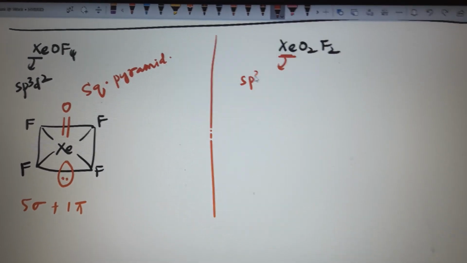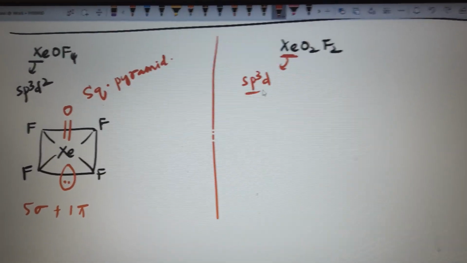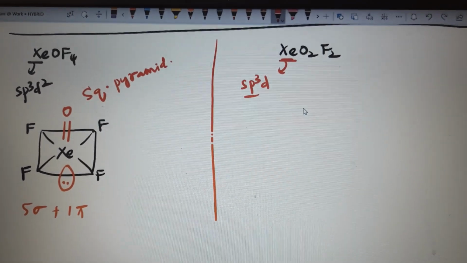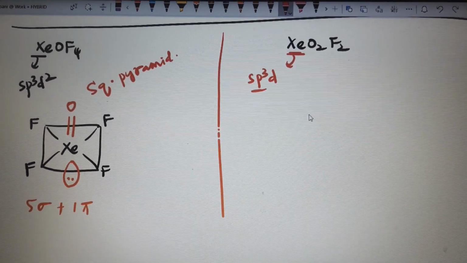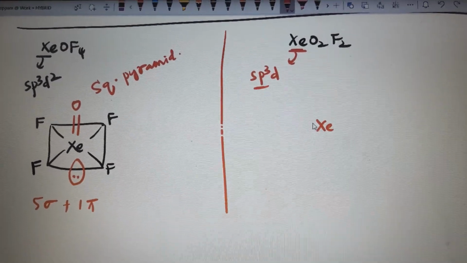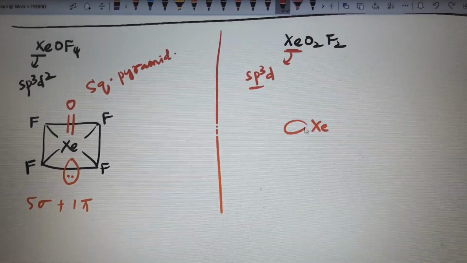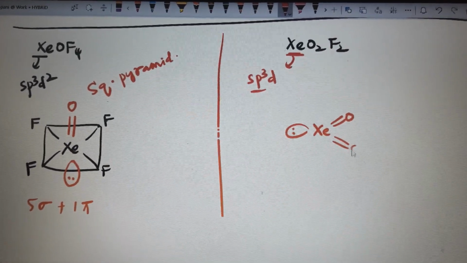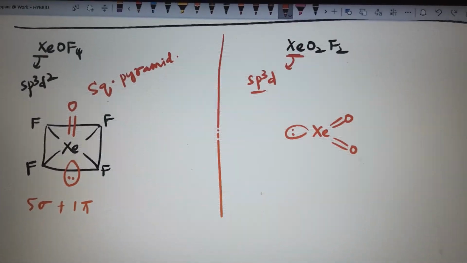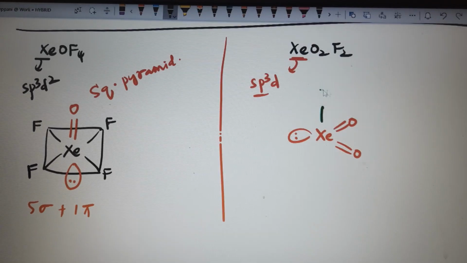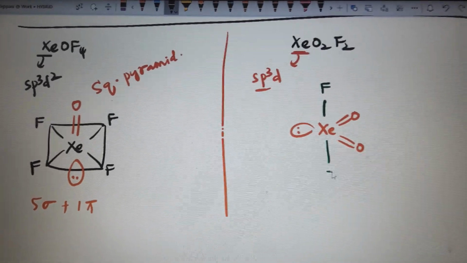XeO2F2 is sp3d hybridized. Here also no p orbital is left. That's why I am telling you all xenon compounds, all pi bonds are dπ-pπ, but you should note how many there are. XeO2F2 has TBP geometry, with the lone pair in the equatorial position, and fluorine prefers to occupy the axial position.